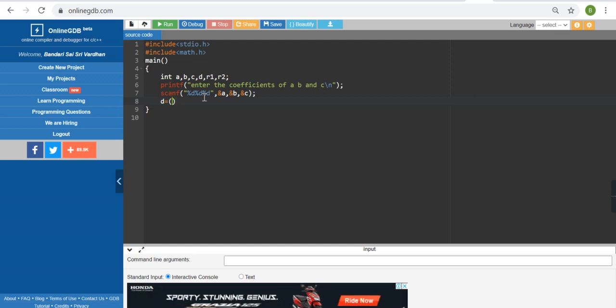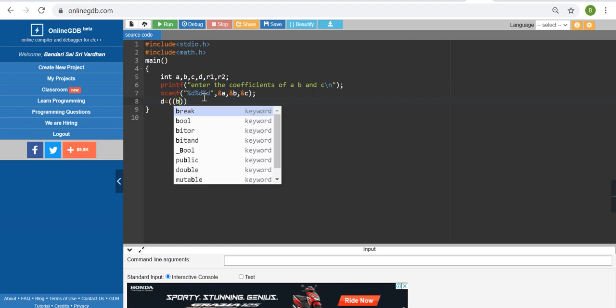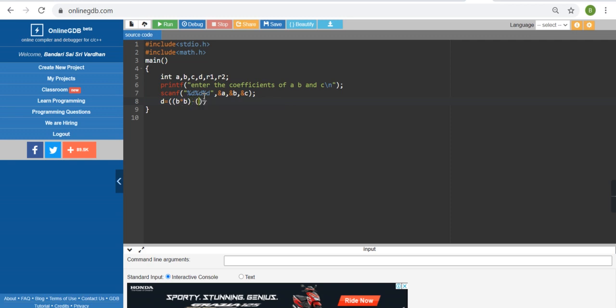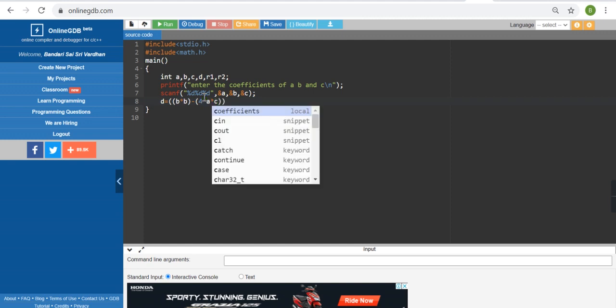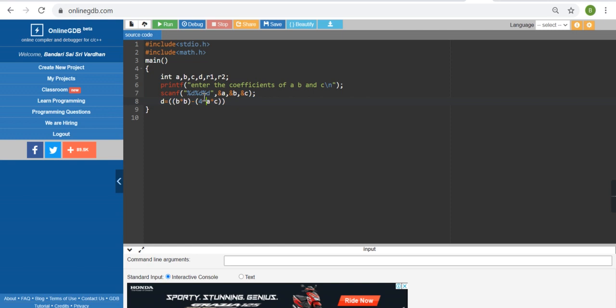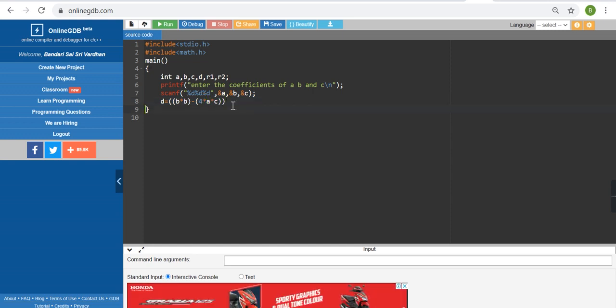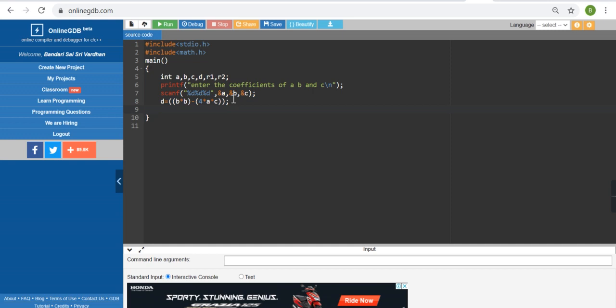So to find the value of d, what is the formula we have? b square, I am writing b into b, minus 4ac. Right, this is the logic. This is a mathematical expression, so it should also end with a semicolon.